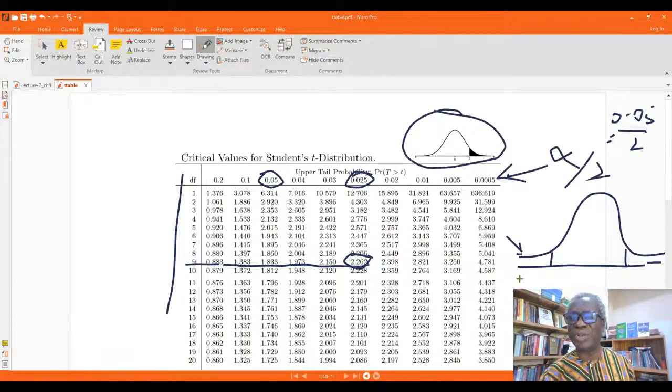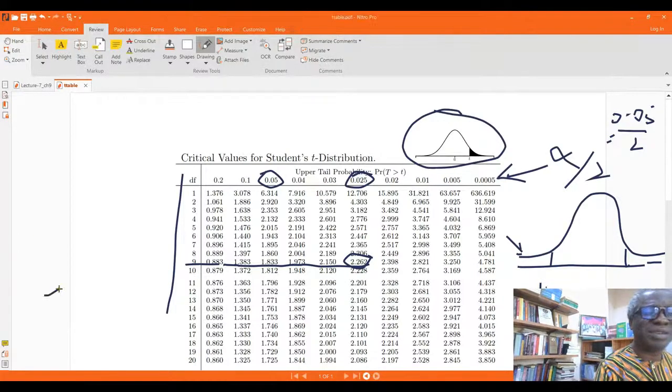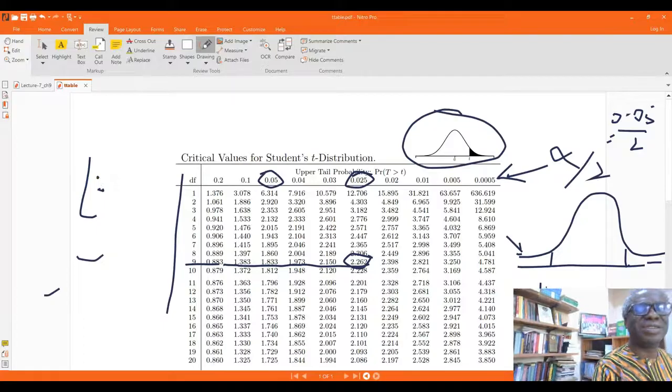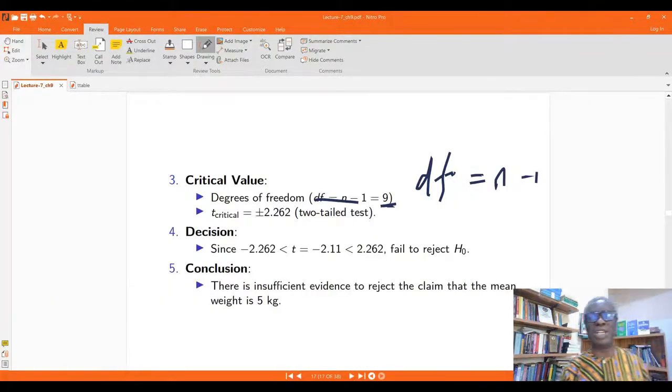And that is what we call the T calculated.